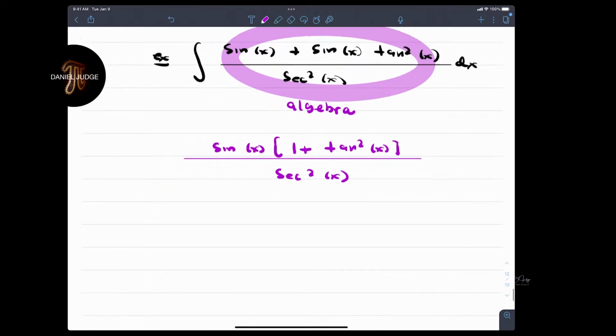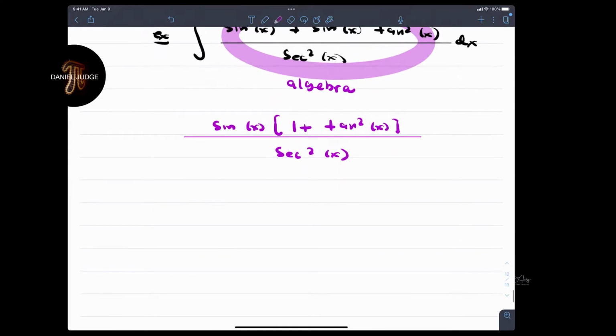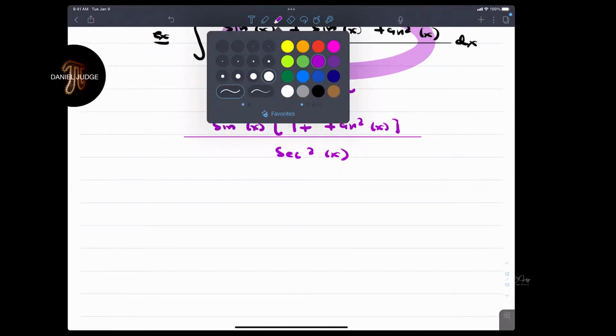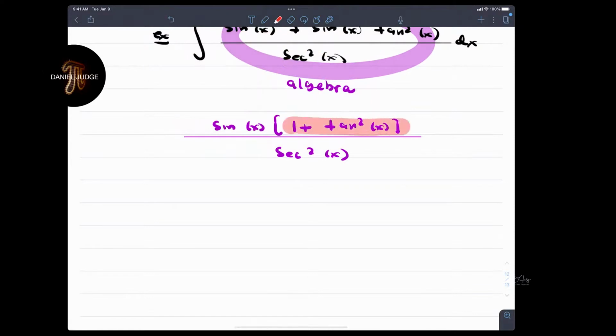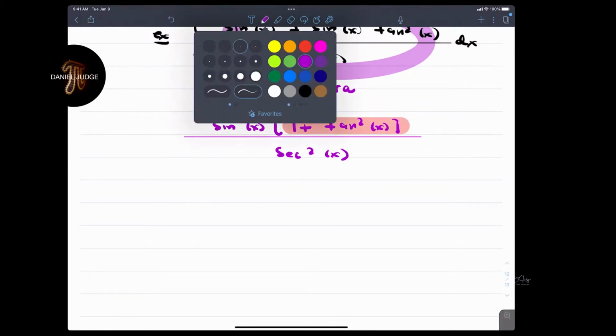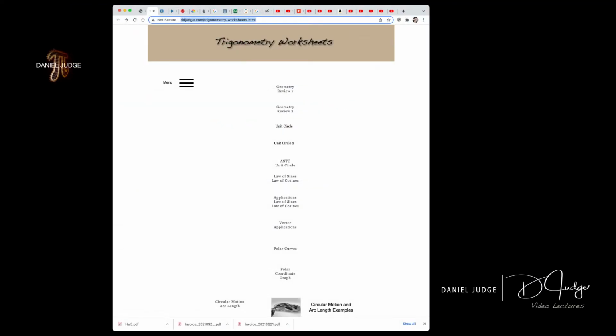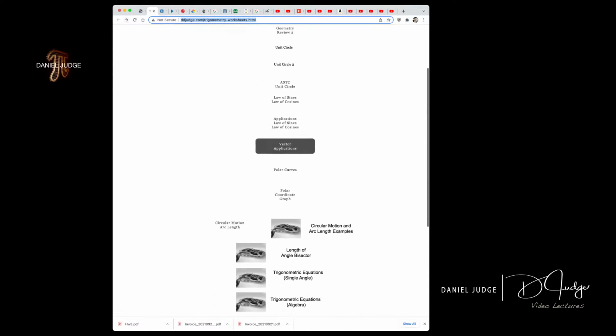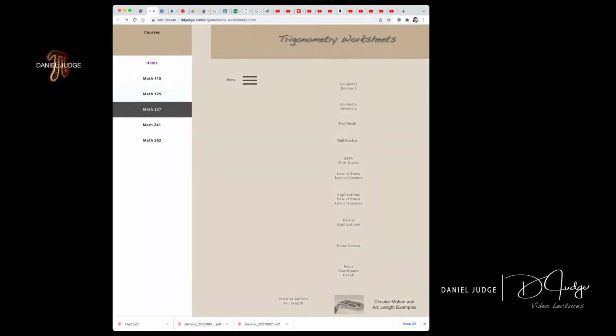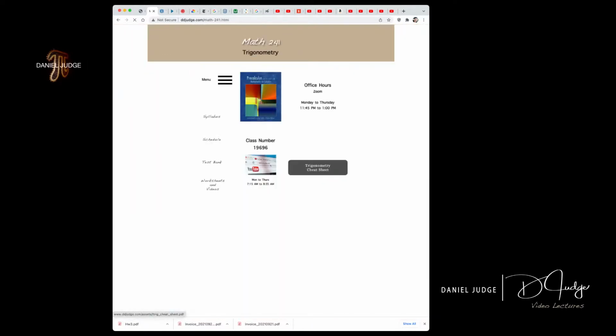So at this point, ladies and gentlemen, you may recognize by using identities after you factor this out that this portion here is a Pythagorean identity. That's secant squared. To let you guys know, in my trig class, I think even in this class, here's a trig cheat sheet.